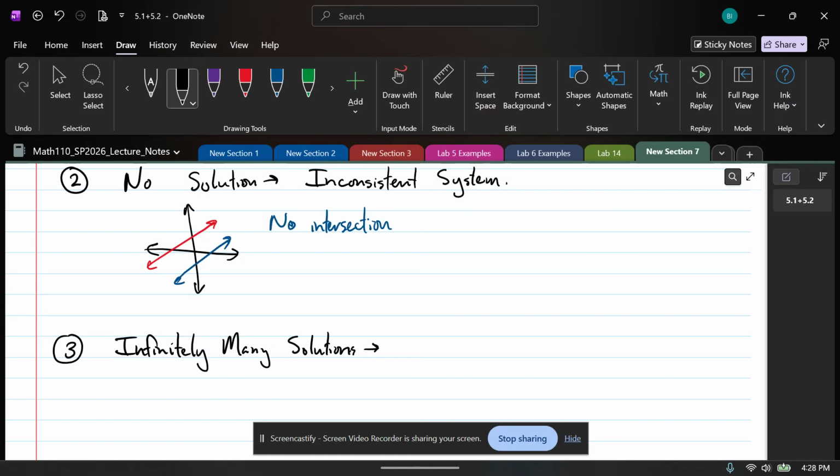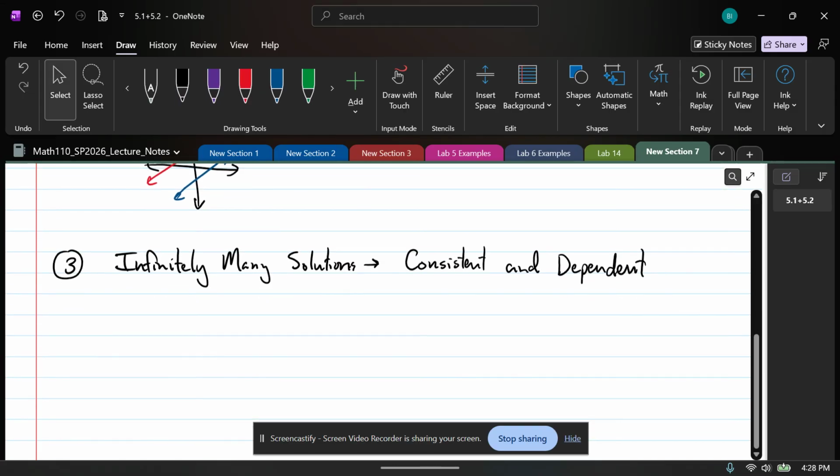The formal name for that is consistent and dependent. Okay. Consistent means you have answers. Independent means you have one answer. Dependent means you have more than one answer. You actually have an infinite number of answers.